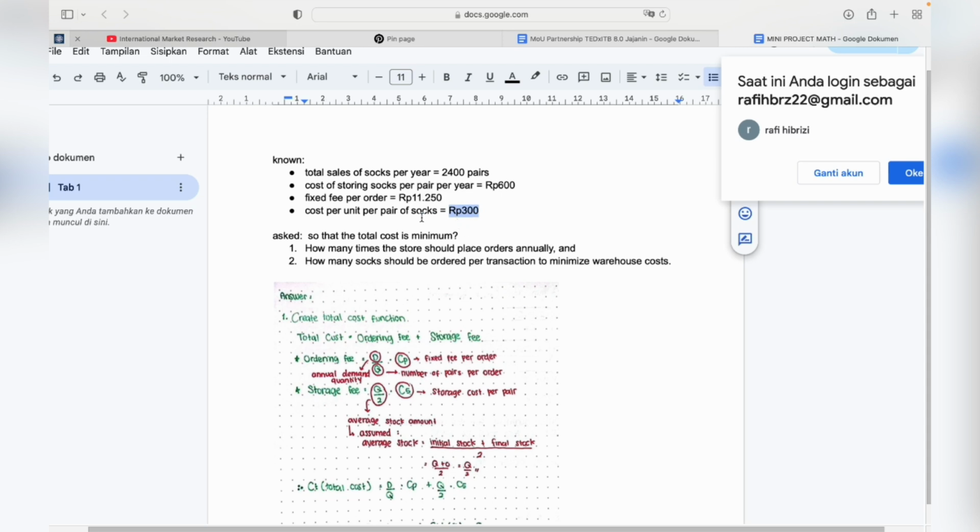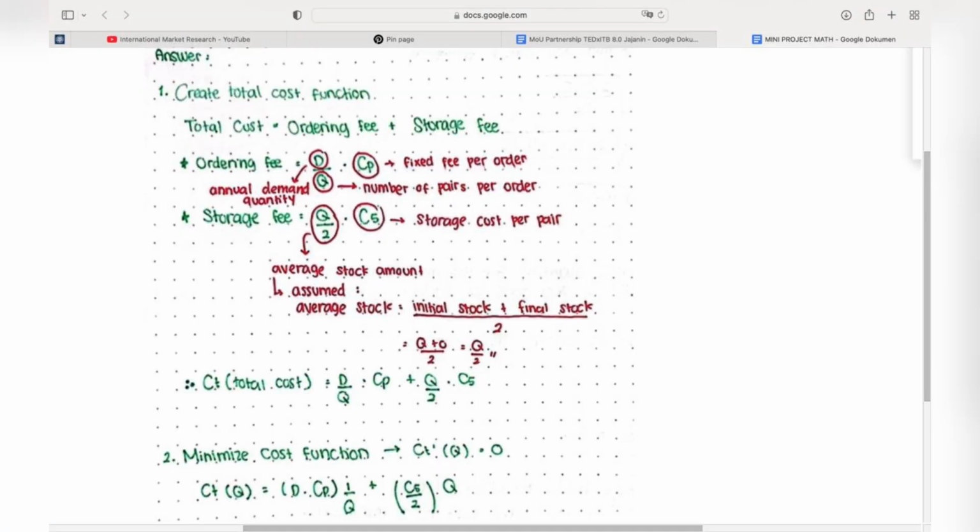What is asked here is when the total cost is minimum: how many times the store should place orders annually and how many socks should be ordered per transaction to minimize warehouse cost. Now, let's find the answer.